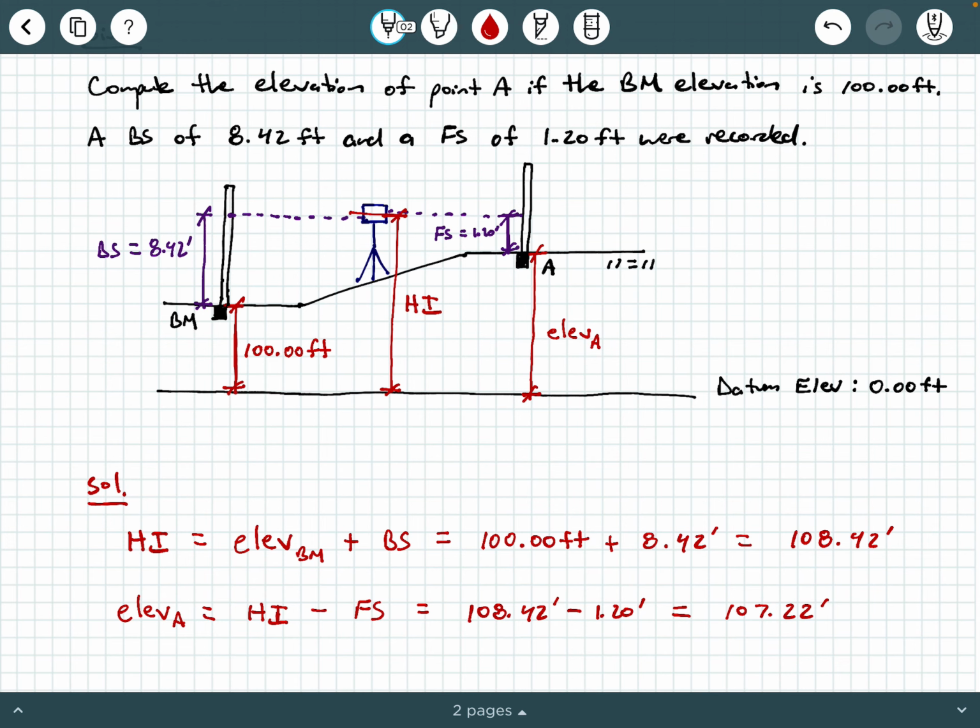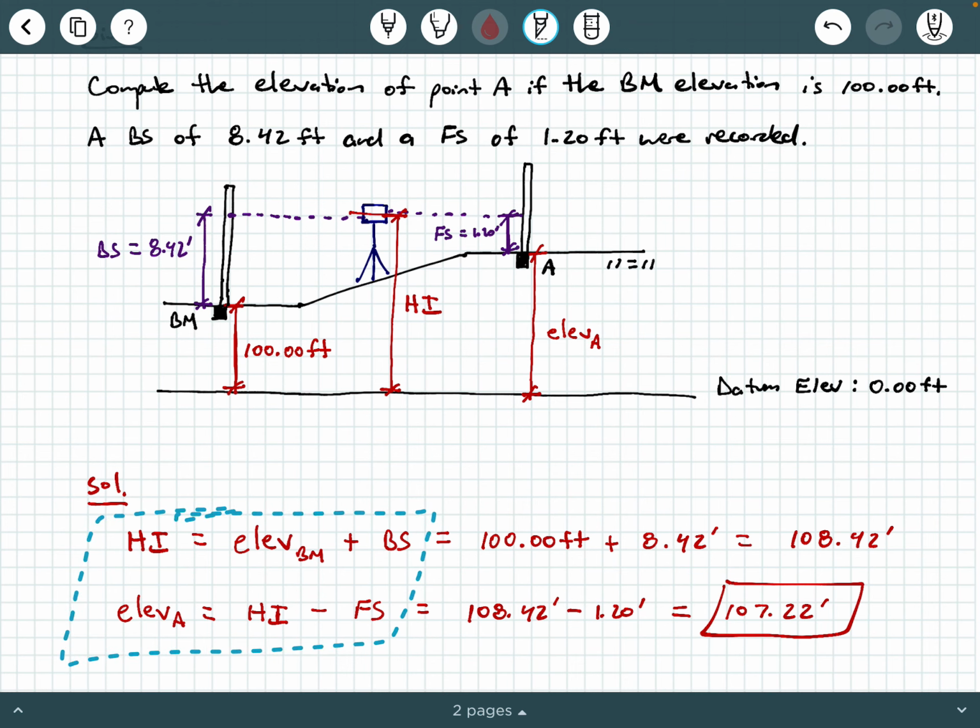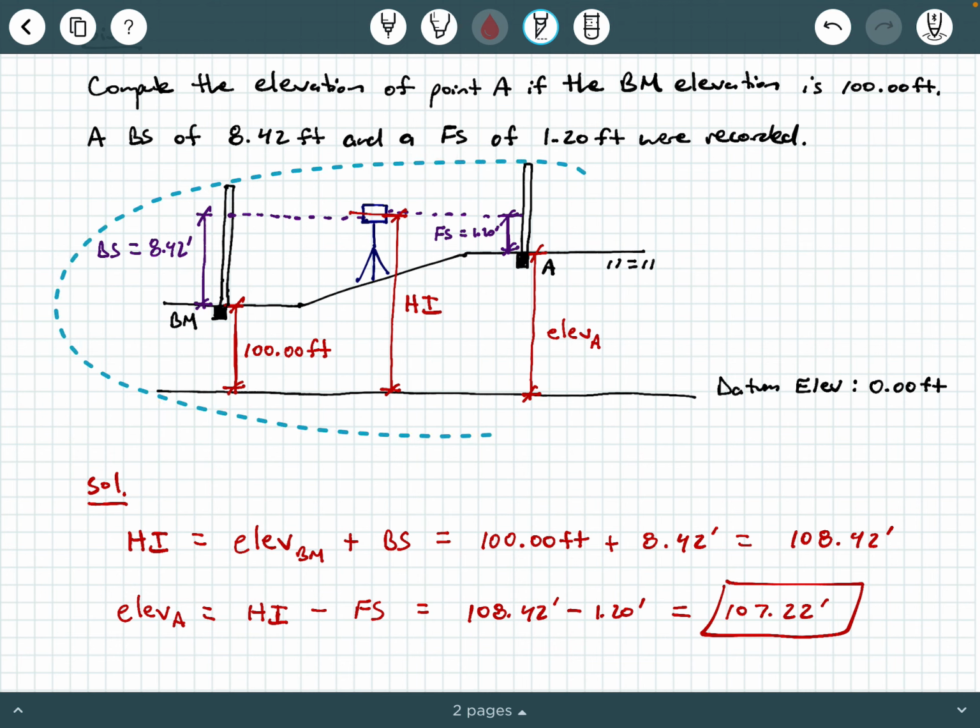And so from a dimension perspective, we say that HI minus this little distance, the foresight, and what you're going to have left over is the elevation of point A, and that is the answer that we're actually looking for. So you can just remember how to perform these calculations using these equations, or what I suggest is really try to understand it by drawing a nice diagram and helping yourself visualize what's going on.